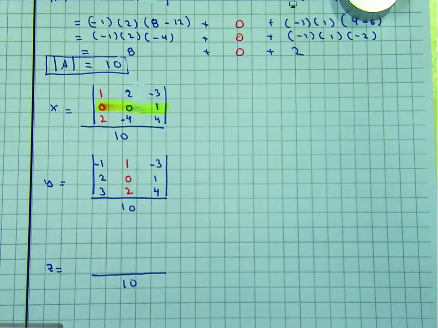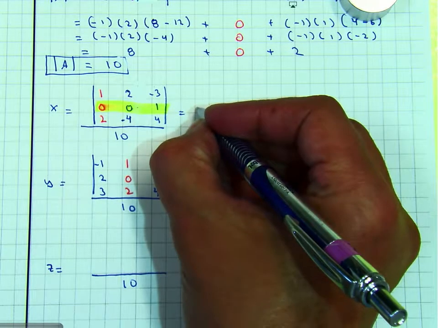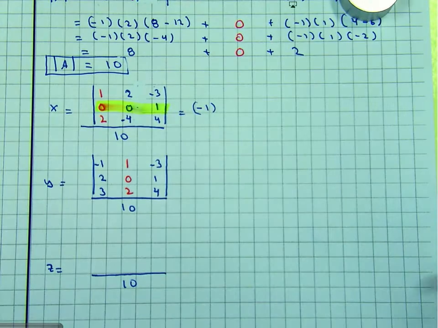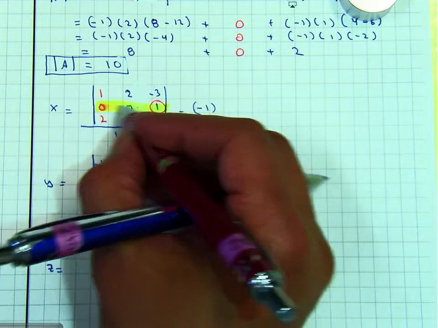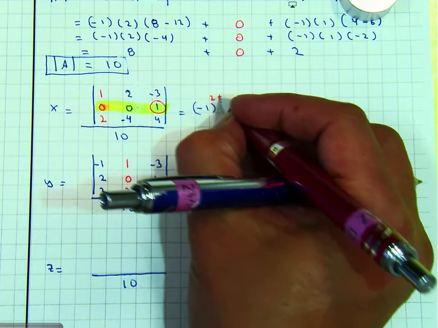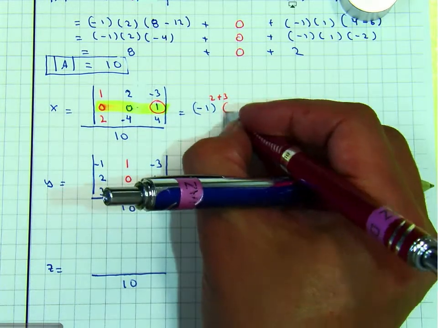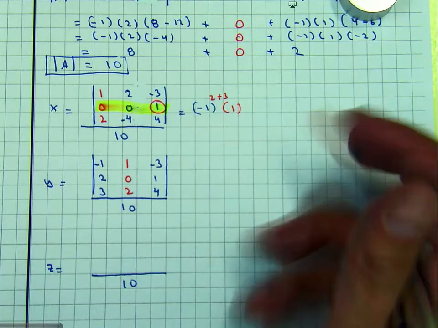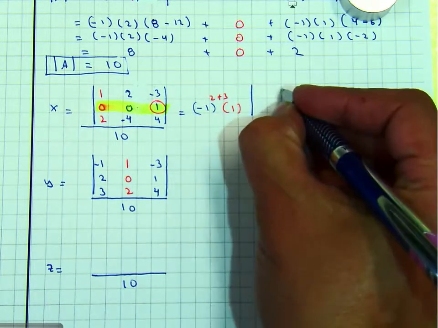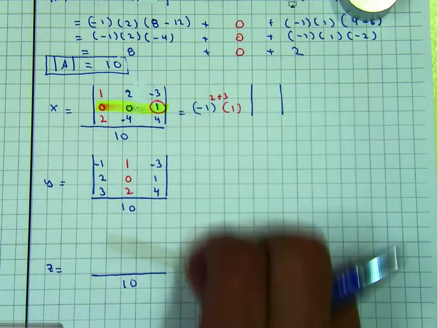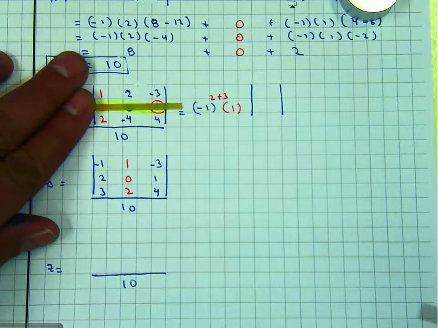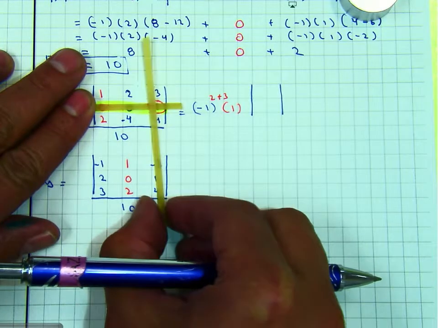So the only thing that I have to do is 1, negative 1 to the what power? The location of the 1 is my second row, third column. The number itself, which is 1. And now I'm going to get my determinant of the matrix that I get when I delete the row and the column.